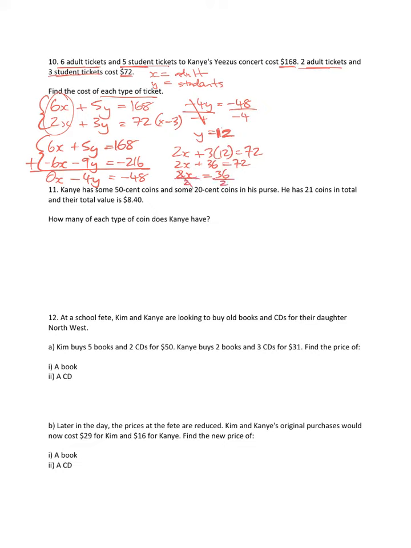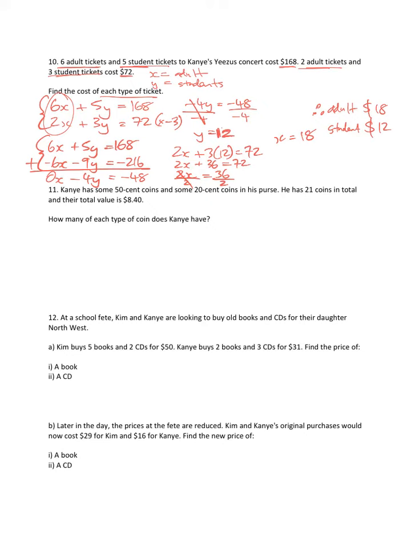Divide both sides by 2. X is going to be 36 divided by 2, which is 18. Therefore, adult tickets are $18. Student tickets are, the first one we worked out, $12.